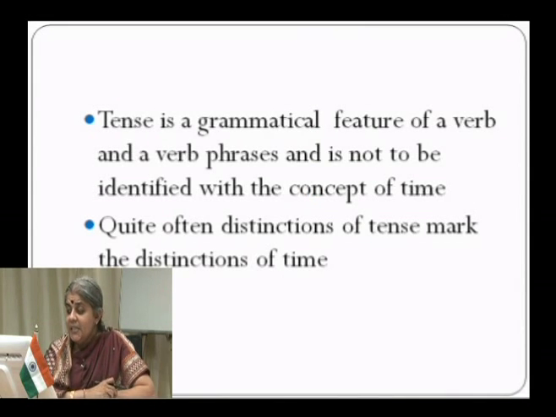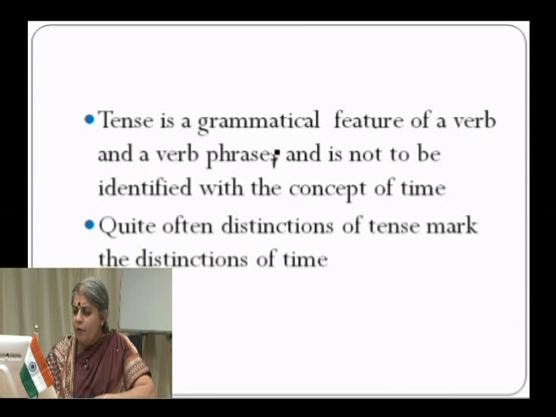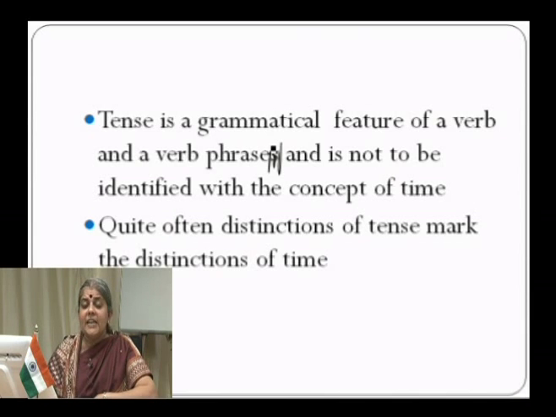Then what is a tense? Tense is a grammatical feature of a verb and a verb phrase and is not to be identified with the concept of time. So, tense is a feature of a verb or verb phrases. You shouldn't identify it with the concept of time alone.